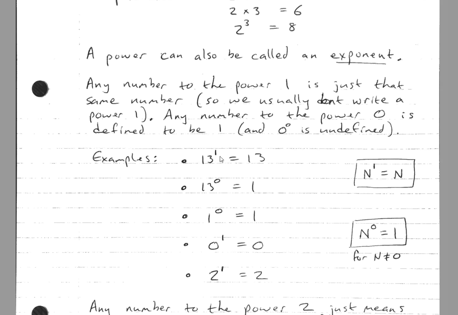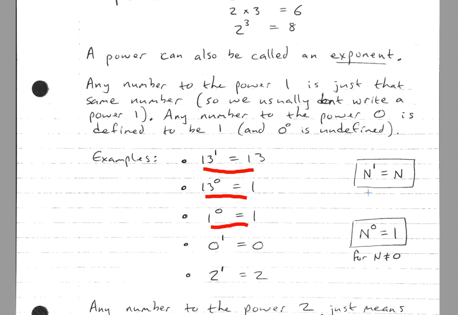Any number to the power 1, you get the same number. So 13 to the power 1 is 13, but 13 to the power 0 is 1. This rule makes more sense when we talk about negative exponents, but that's not this course. 1 to the power 0 is 1. 0 to the power 1 is 0. 2 to the power 1 is 2.